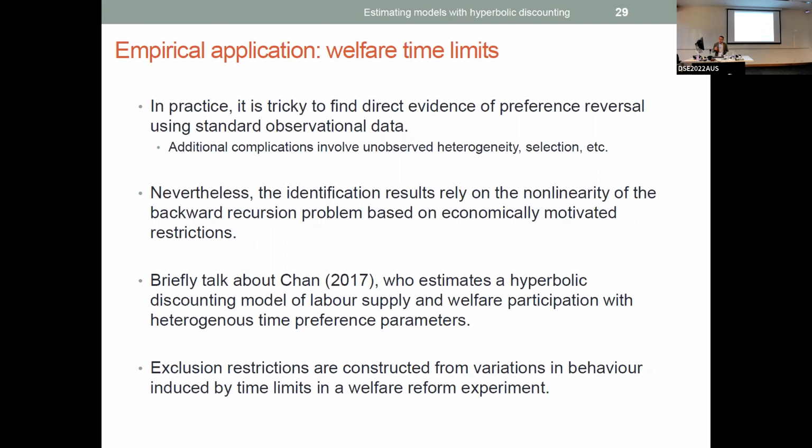In that case, the exclusion restrictions are constructed from time limits. There are variations in behavior induced by time limits in a welfare reform experiment. So the exclusion restriction will be in line with the ones described in the Ring et al. paper.